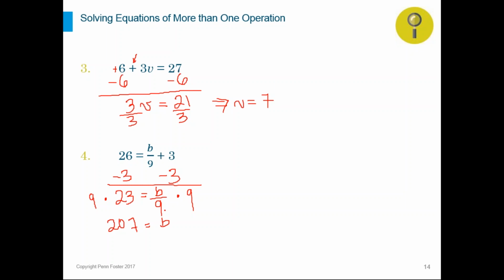We are used to writing the variable by itself on the left-hand side, so I'm going to rewrite my answer as b equals 207, but if you kept it this way, it's correct.